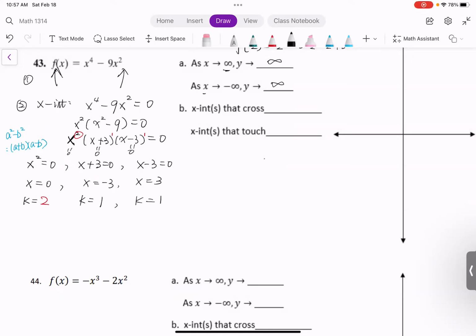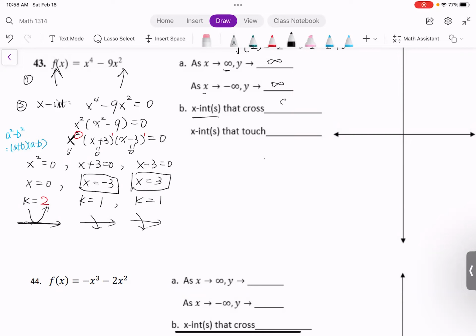For k equals 2, that means touch and bounce off, not cross. So touch and bounce off. And the second one, go cross. The third one, go cross. Okay, how many x-intercepts cross? We cross at these 2 points.